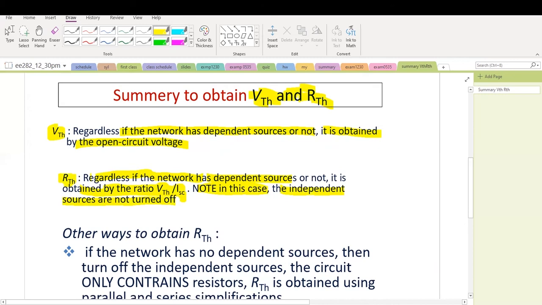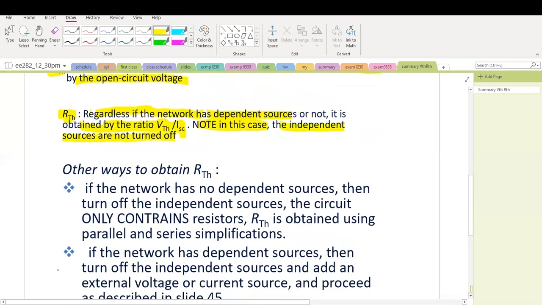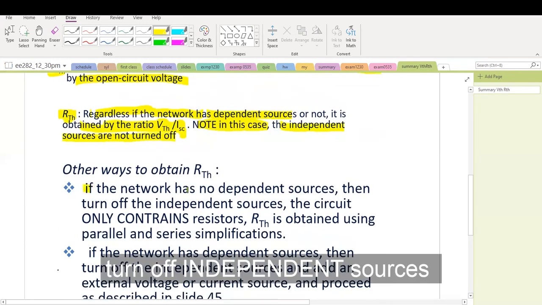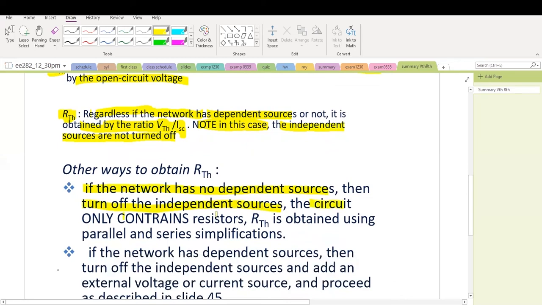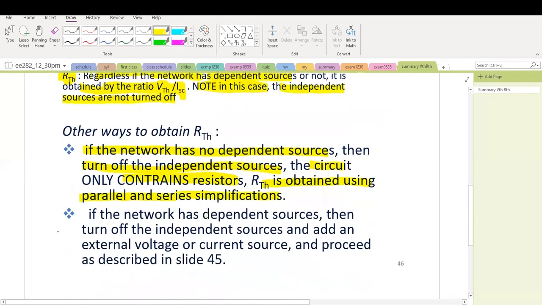There are other ways to calculate RTH. If the network has no dependent sources, then we turn off the independent sources. Then the circuit only contains resistors. RTH can be obtained by using parallel or series simplifications. If the network has dependent sources, then we turn off the independent sources.